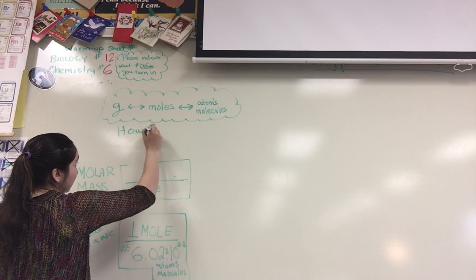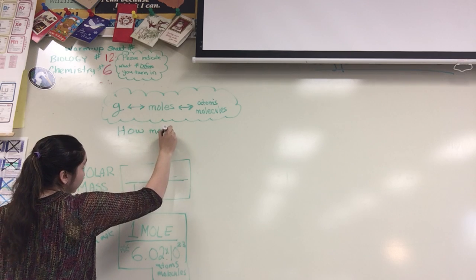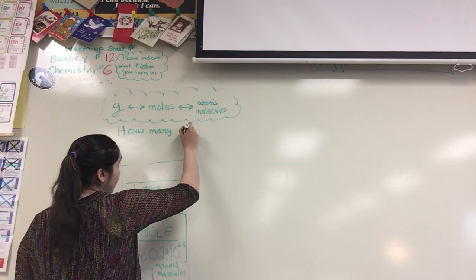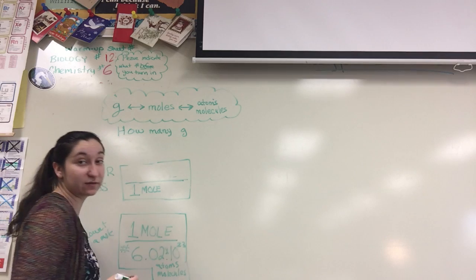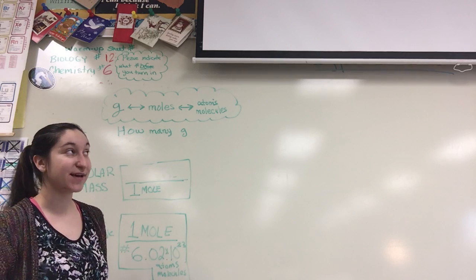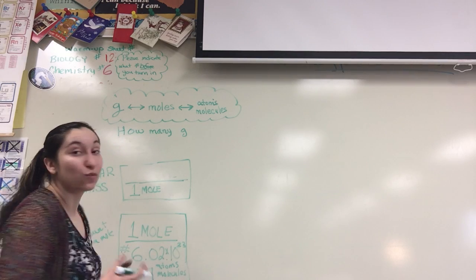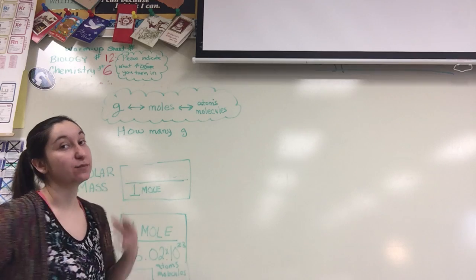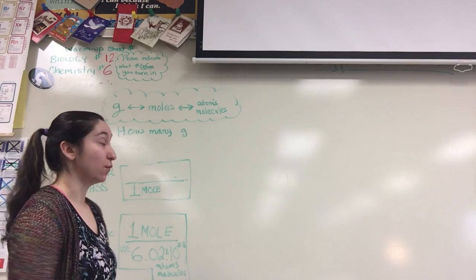How many grams, and this could be given to you as what is the mass, what is the weight. That's all going to be interchangeable for our purposes with grams.